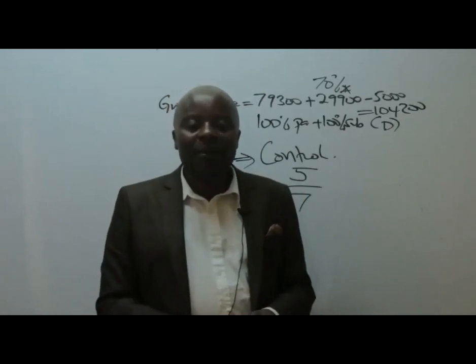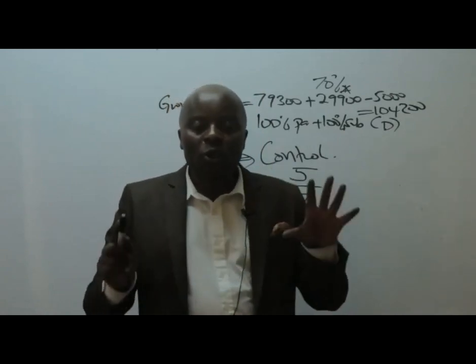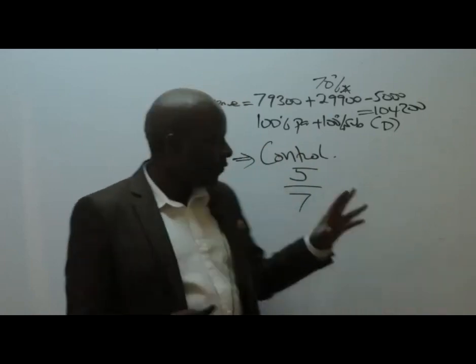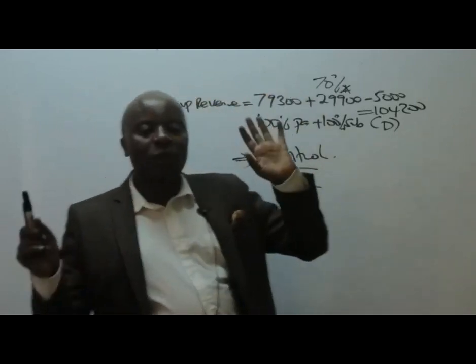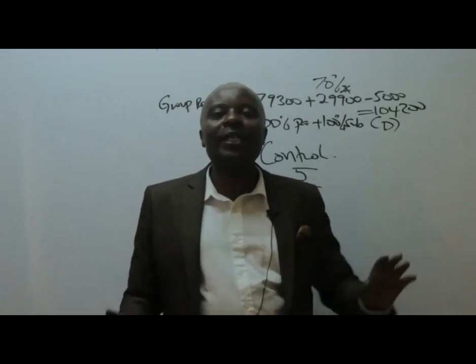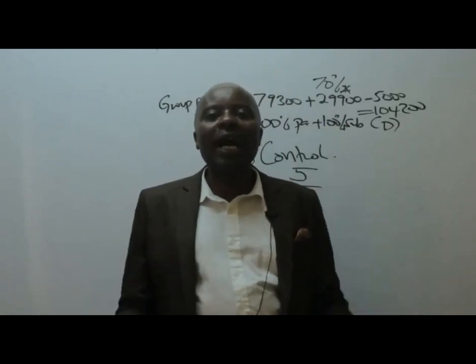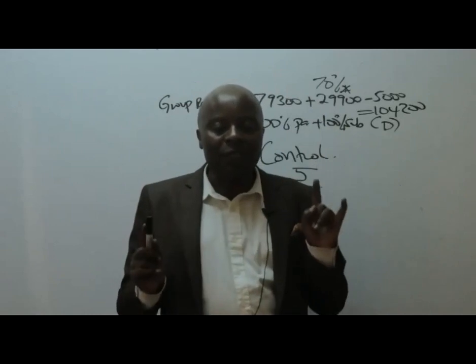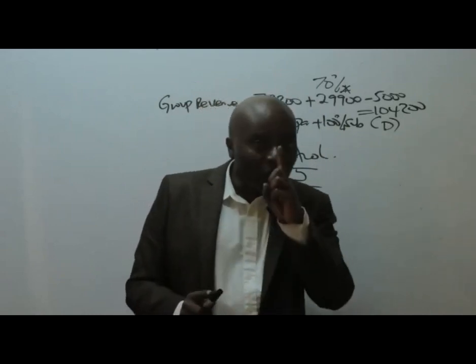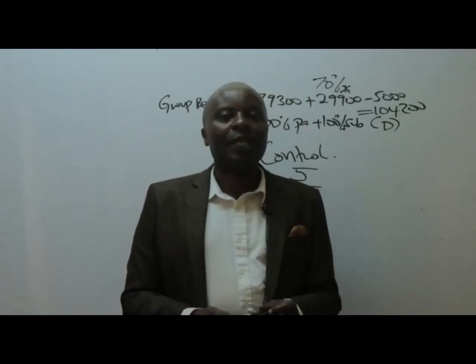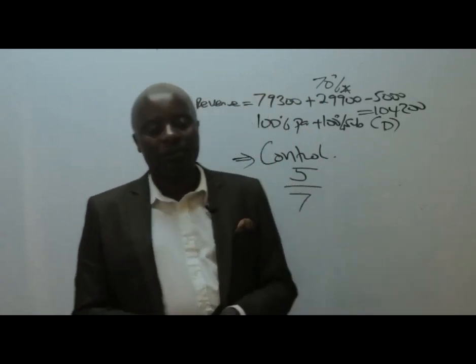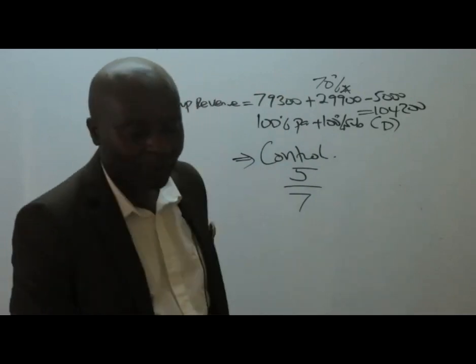So long as you are in control of the board, 5 out of 7, with 70% shareholding, and in control of the operations of an entity, you consolidate 100% as a single economic entity. That is the concept of control.